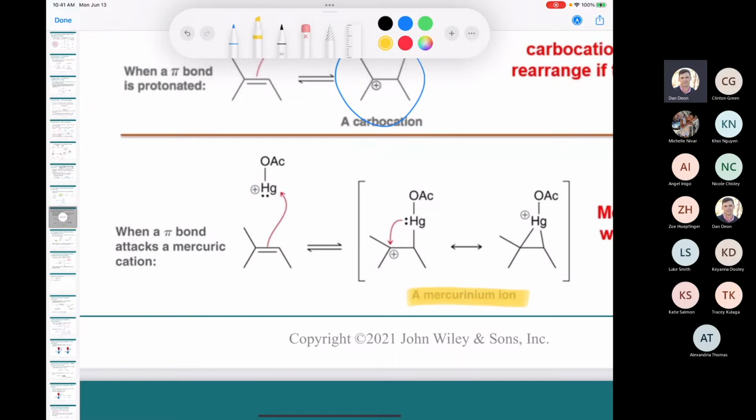You can see that the side that's less sterically hindered is the one that took on the mercury, but there's a pair of electrons on the mercury, which can dump electron density into the carbocation. And so the mercurinium ion is kind of like a hybrid of this carbocation, but also this structure here where you have a three-membered ring and the positive charge is on the mercury instead of on a carbon.